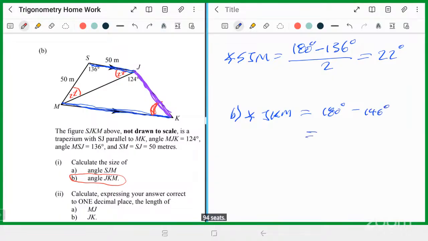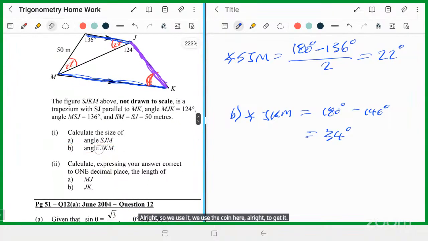But do you understand the calculation? The co-interior angles add up to 180 degrees. Anybody don't understand? Alright. Nobody answering. Yes, sir. So we use the co-interior angles to get it.